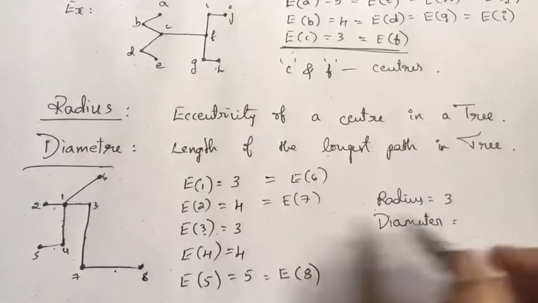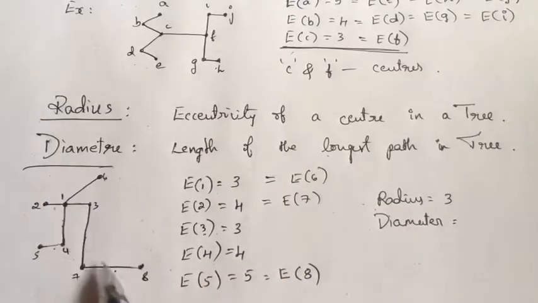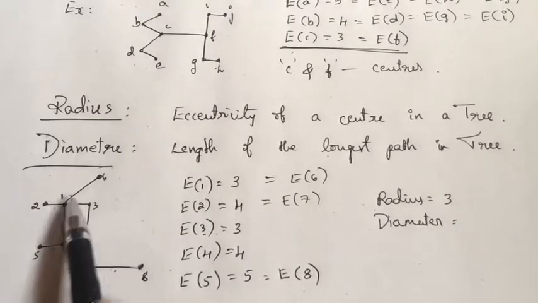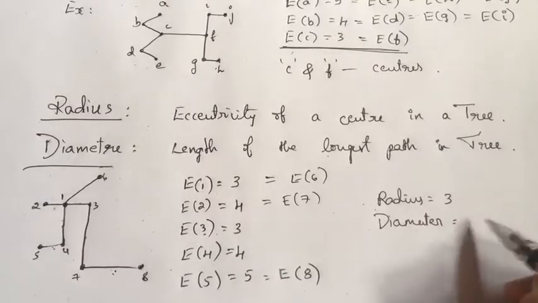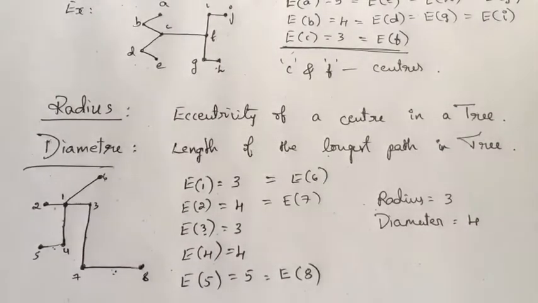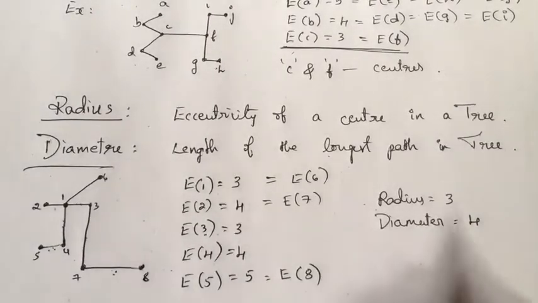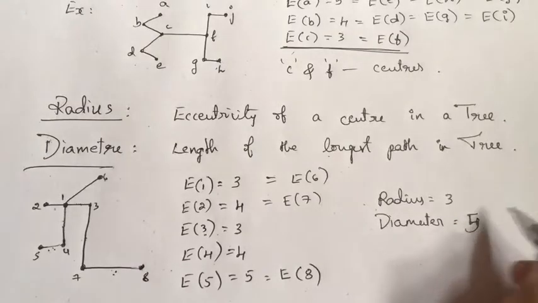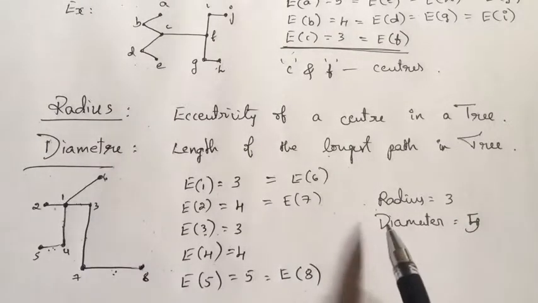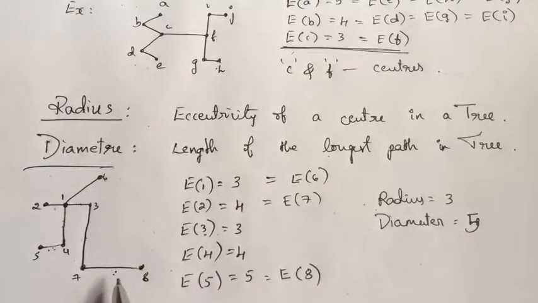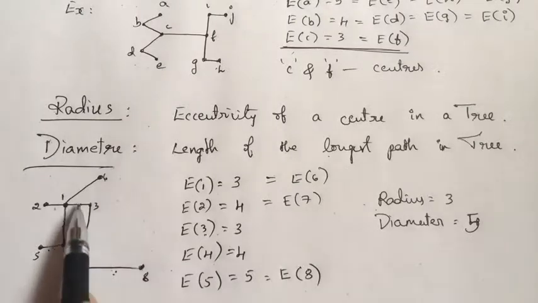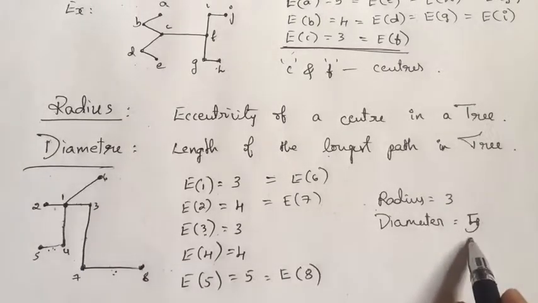If I consider 1, 2, 3, 4, so that is 4. Sorry, it must be 5, because the highest eccentricity is nothing but the diameter. In fact, the length of the longest path from this to this, 1, 2, 3, 4, 5, is 5.